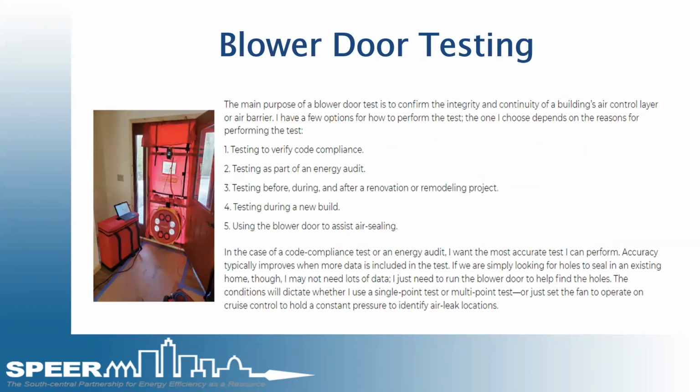Sometimes it's part of an energy audit. We're talking about new construction. It also can be done for remodeling and renovations. And then it's tested during new construction, of course, and then using blower door assist for air sealing. So if you're running it in conjunction where you're trying to air seal a house, you can do that. But most new constructions don't go that far. A lot of times they're air sealed properly enough, unless something went wrong, to make sure that it's actually done.